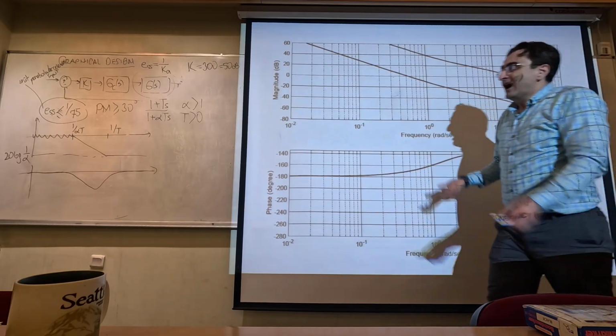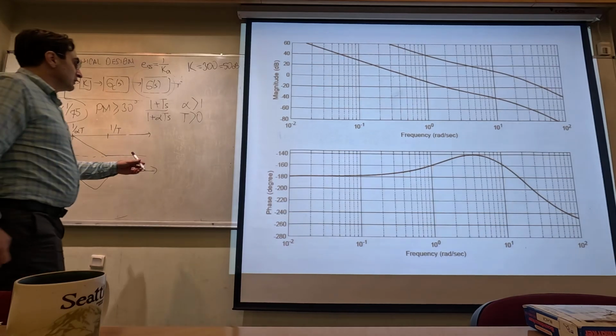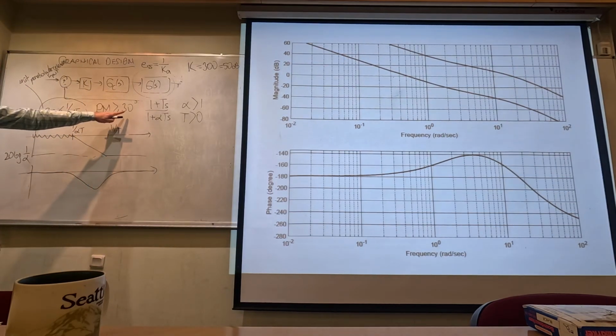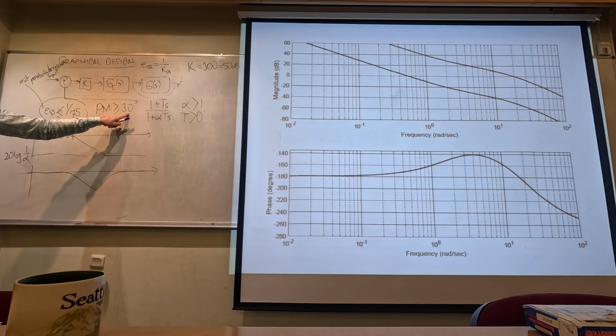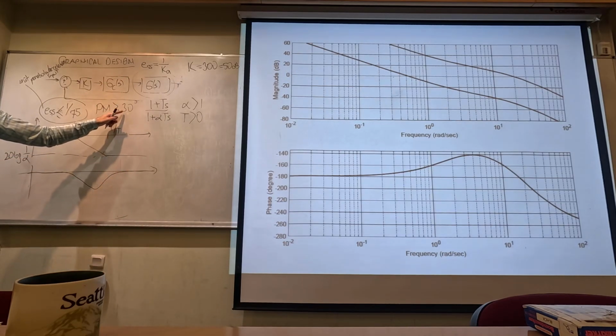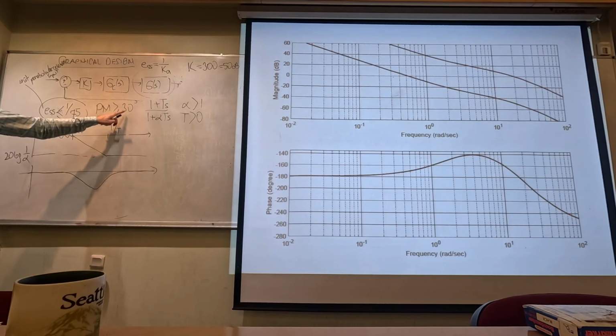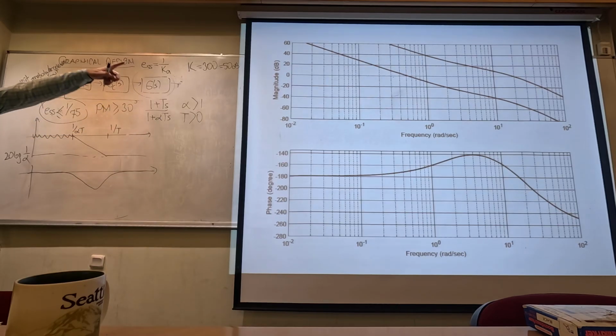Okay? How do I find our new gain crossover frequency? So here we want 30-degree phase margin. Where should the compensated system magnitude cross at the gain crossover frequency? At which phase should we cross here?